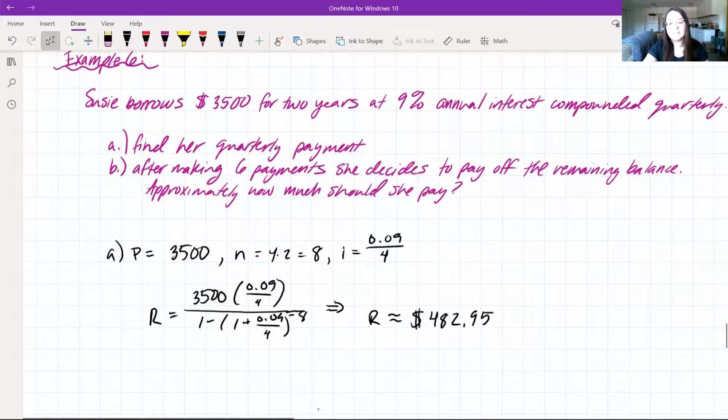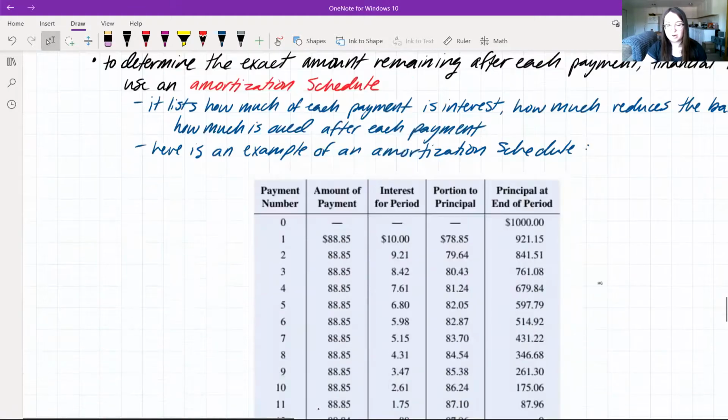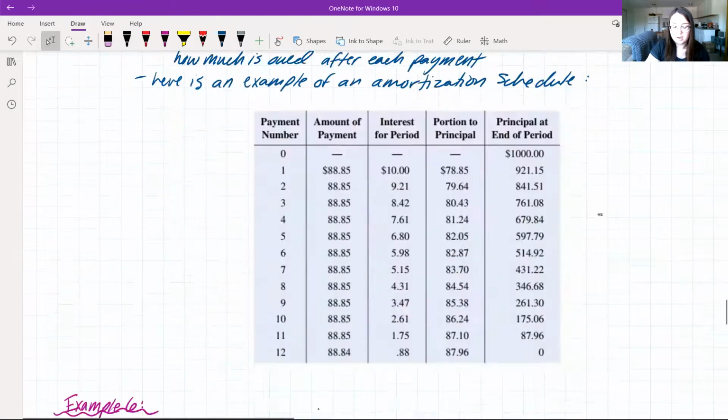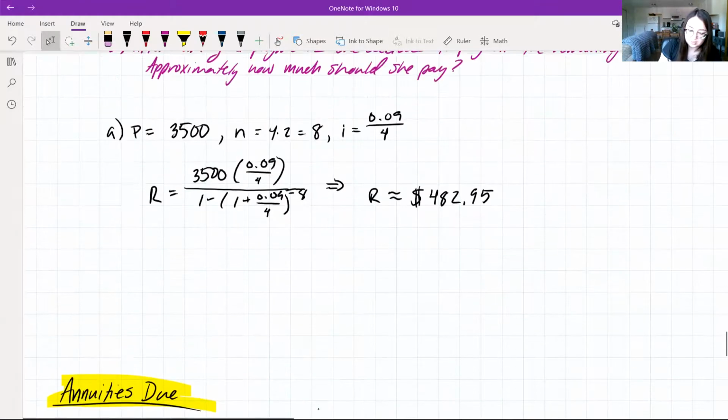But after making 6 of these payments, she just wants to pay off her remaining balance. So how much is she going to pay? We're going to use our equation here.